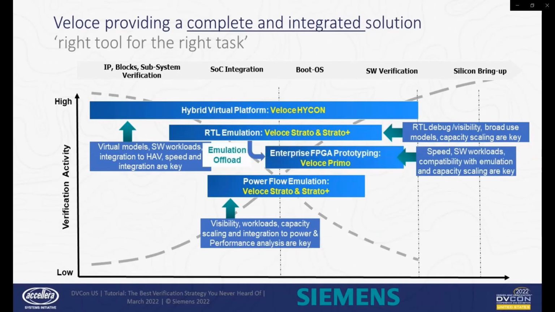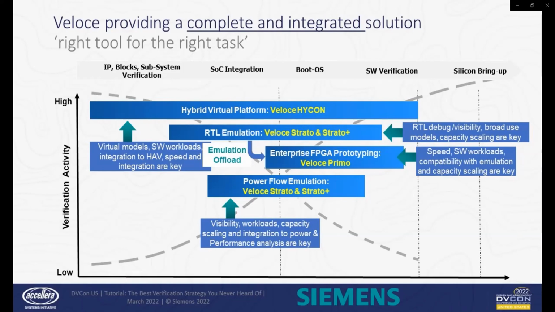We are introducing Veloce Primo as the next step, which is an enterprise FPGA prototyping platform, and the concept of emulation offload. When a design reaches a certain level of maturity, where the ability to debug is less important, but you need speed, you offload certain tasks from the Veloce Strato emulator to the Veloce Primo enterprise FPGA prototyping platform.